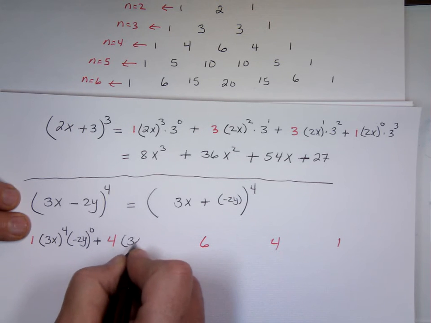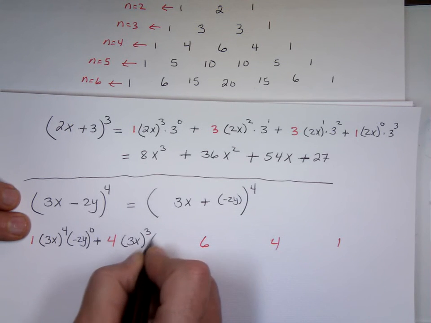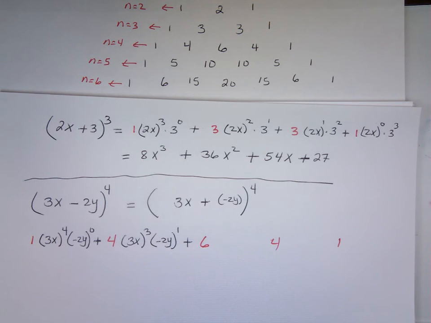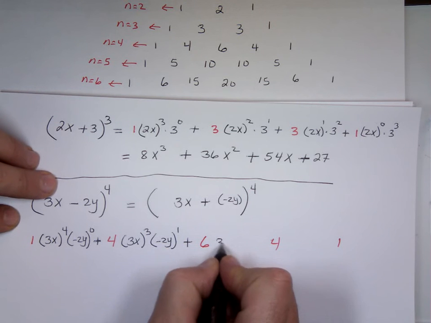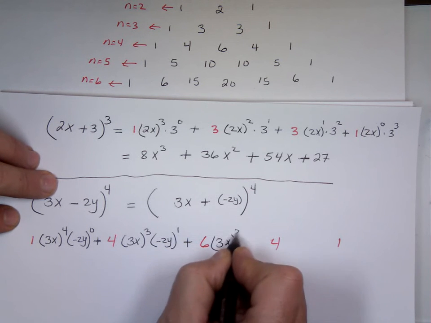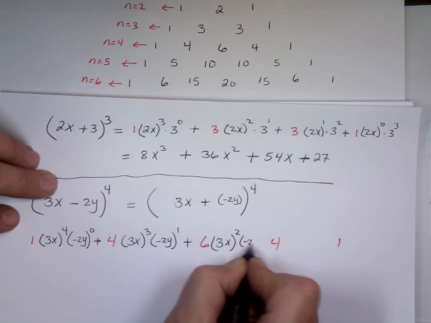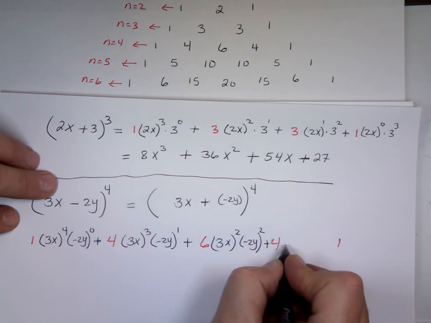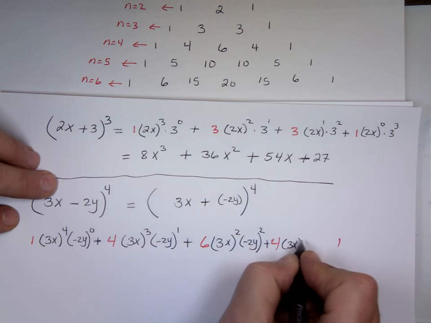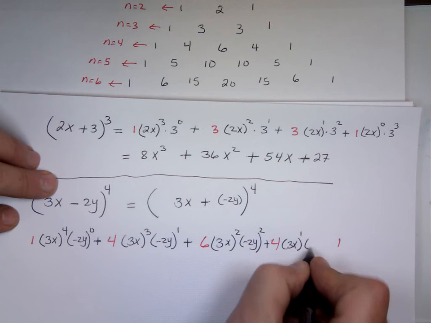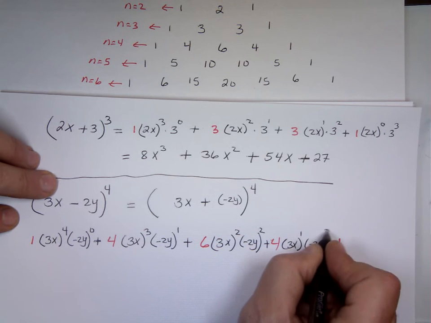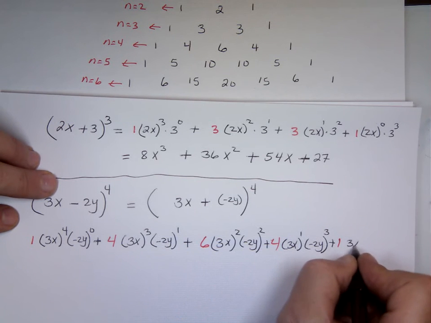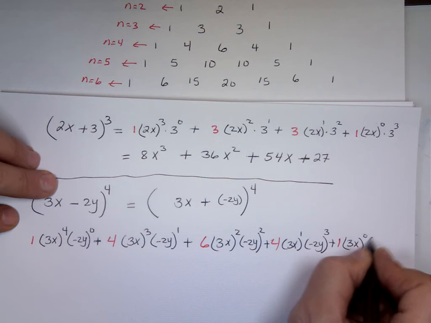3x to the power of 3, negative 2y to the power of 1. 3x to the power of 2, negative 2y to what power? 2. 3x to the power of 1, I'm sorry, not 0, 1, negative 2y to the power of 3. 3x to the power of 0, negative 2y to the power of 4.